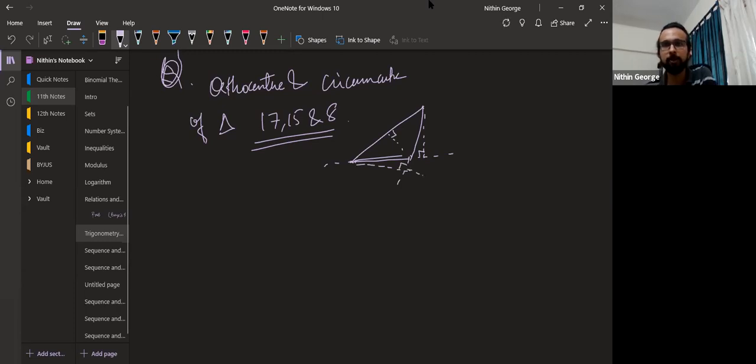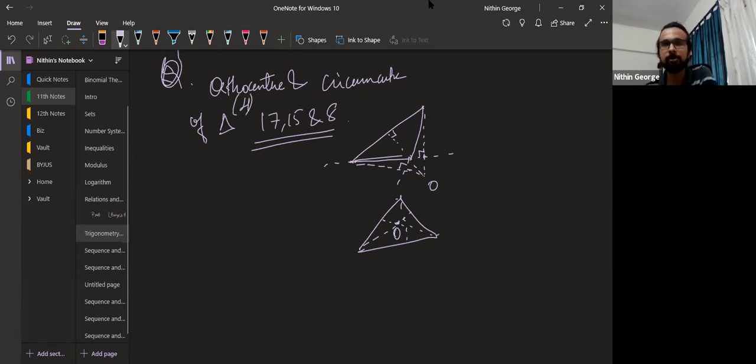All these altitudes will meet at a point. It is called the orthocenter, and it's generally denoted by H.